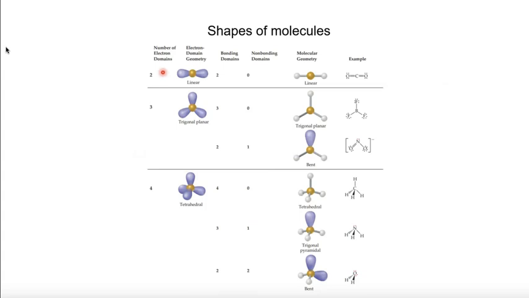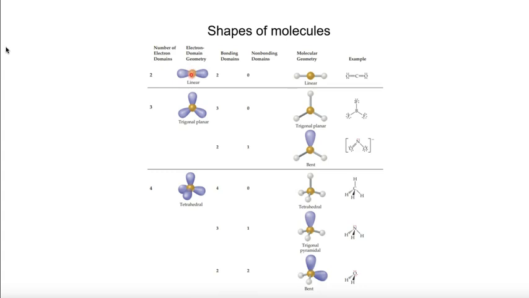Here I have taken into consideration lone pairs, bond pairs, etc. So if we have a 2 electron pair system, we will not have a lone pair in it, because if we have only 1 bond pair, we cannot have a shape.